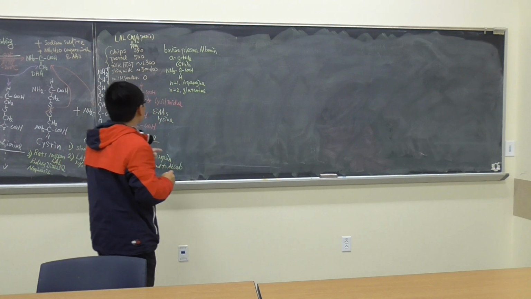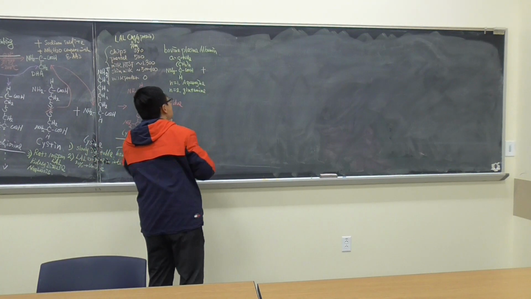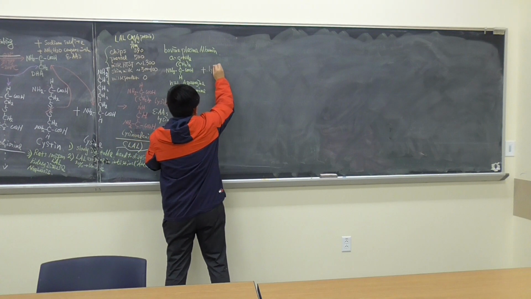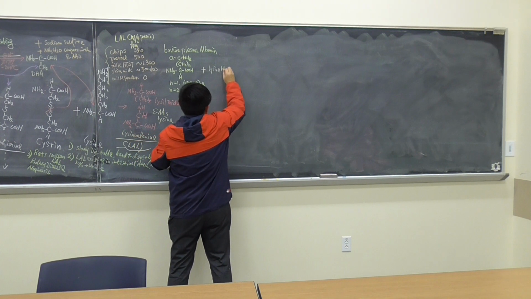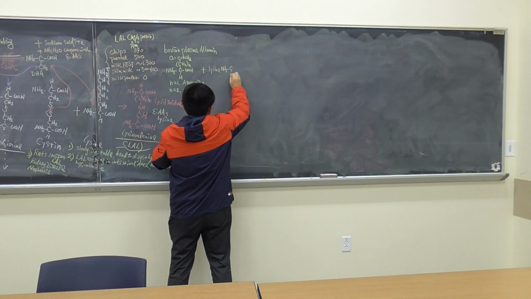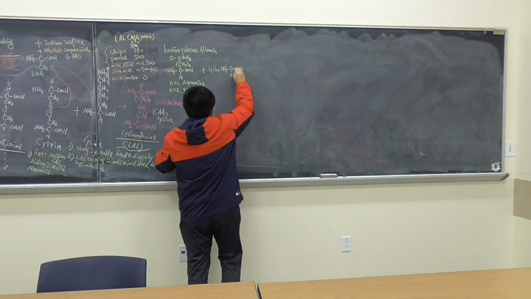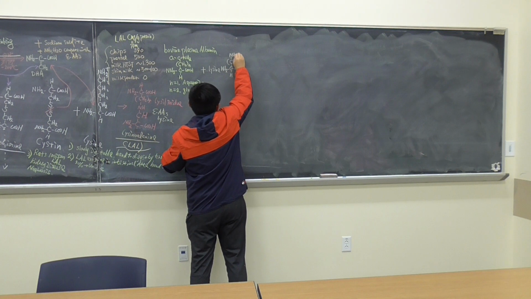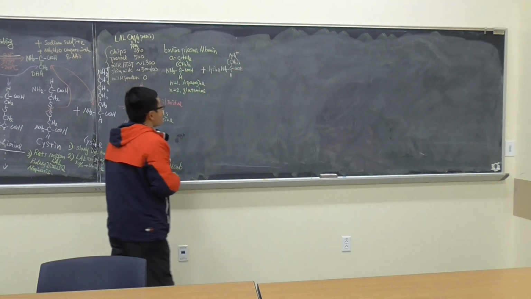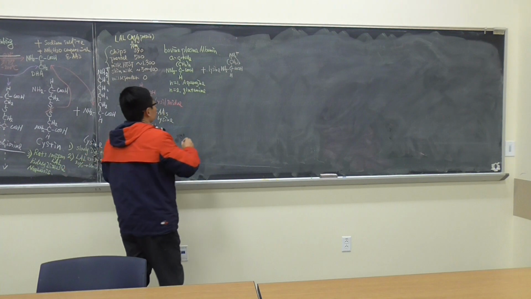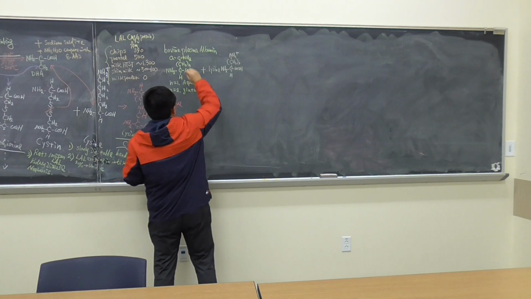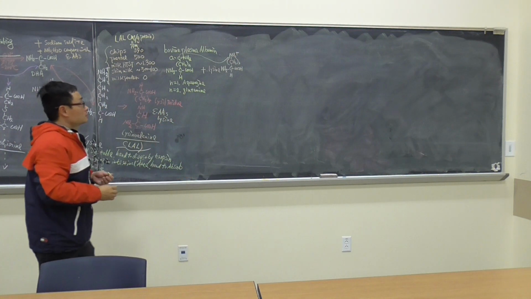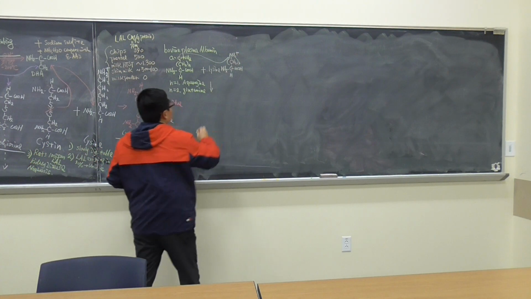If this reacted with lysine, we know what it looks like. This will be CH2 4, NH3 plus, NH2 plus. If they react, this group in here will react, and we will generate a cross-link.